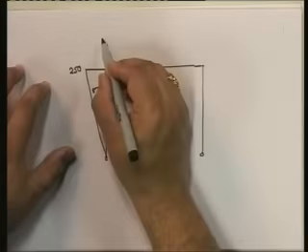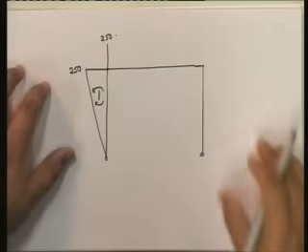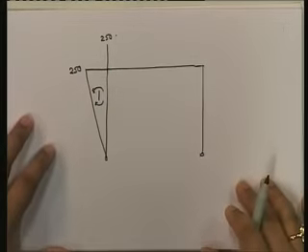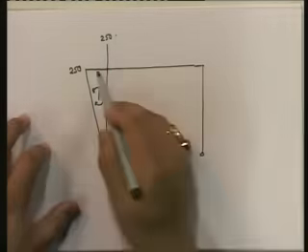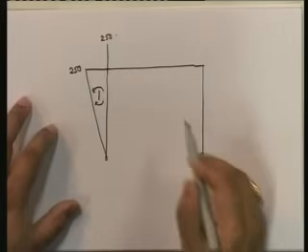Then here this is also 250, obviously from equilibrium considerations, and you have 50 over here.